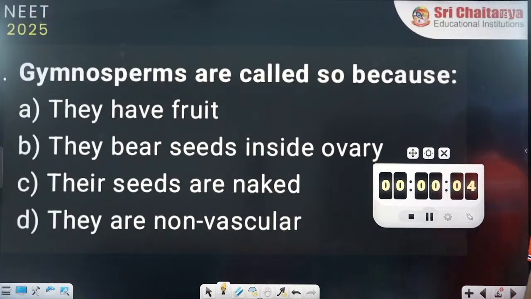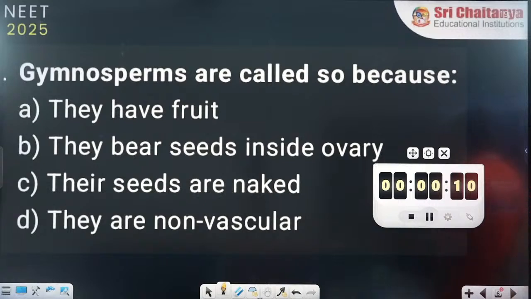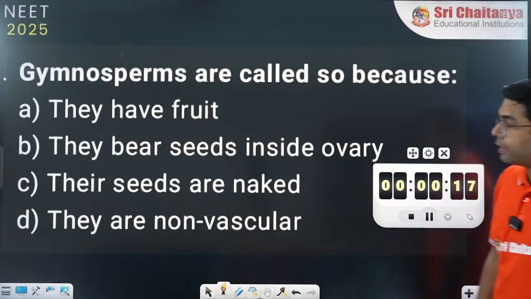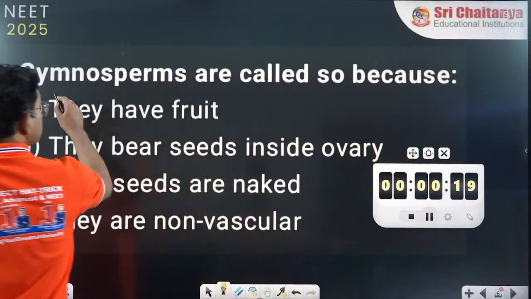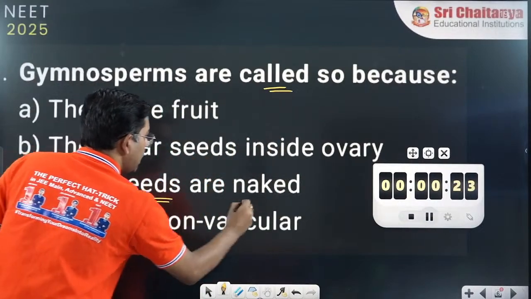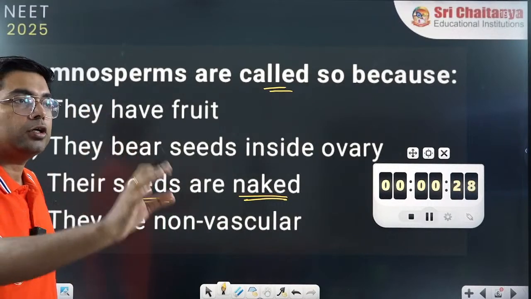Okay, I can see many of you have started answering. Ganesh, Mahita, Suresh, Shiva, Harsha, Gopal, Anita. Very good. All of you are answering that gymnosperms are called so because their seeds are naked, meaning the seeds are without seed coat.